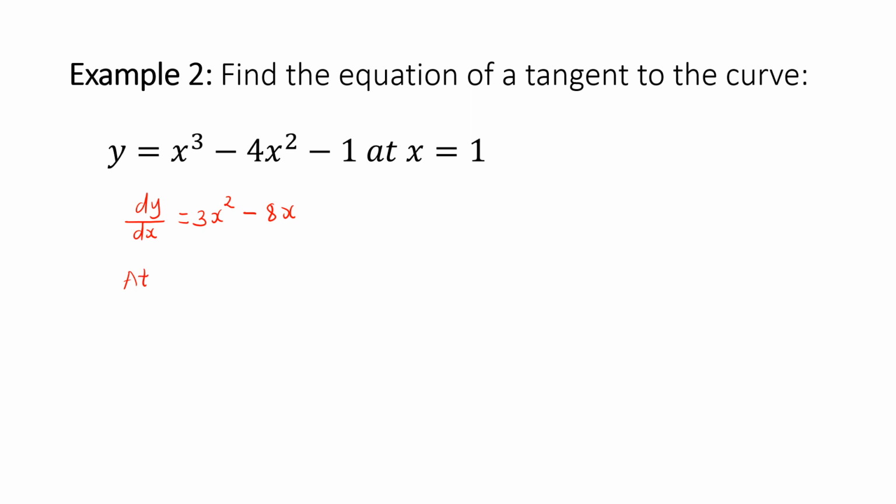So we shall go ahead and obtain the gradient of the curve at x is equal to 1. We do this by simply substituting the value of x in the gradient function with 1. So this is 3 multiplied by 1 squared minus 8 multiplied by 1. So this is 3 minus 8, which will give us negative 5.